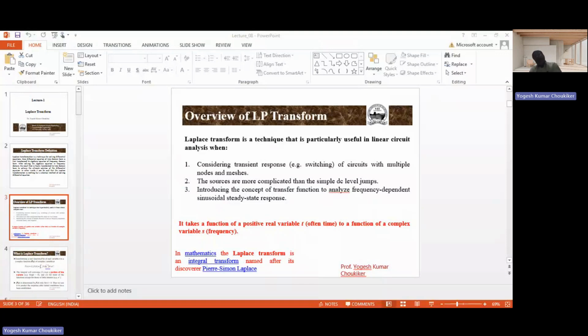But this solution is in the frequency domain. We have to take the inverse Laplace. After taking the inverse Laplace as per the property, 10 by s plus 1 is nothing but 10 e to the power minus t u of t, and 15 divided by s plus 2 is nothing but 15 e to the power minus 2t u of t.